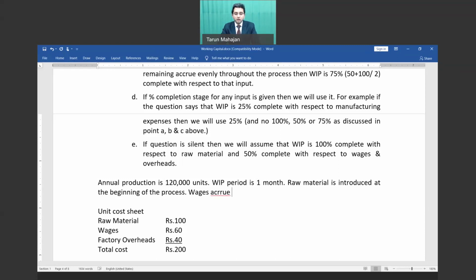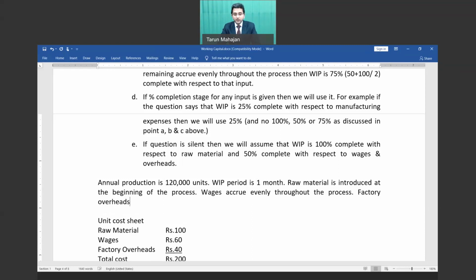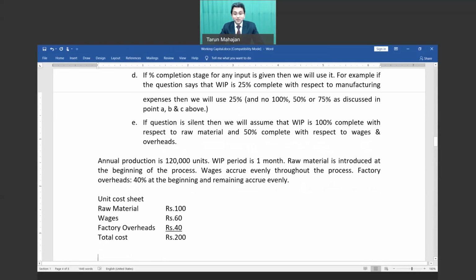Wages accrue evenly throughout the process, and factory overheads 40% at the beginning and remaining accrue evenly. Now this is quite complicated.